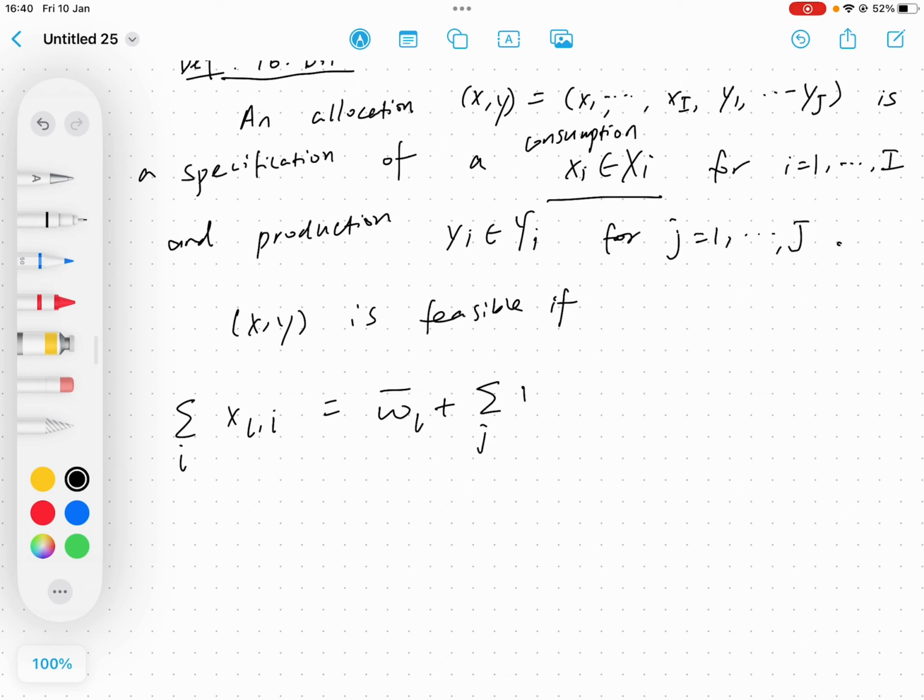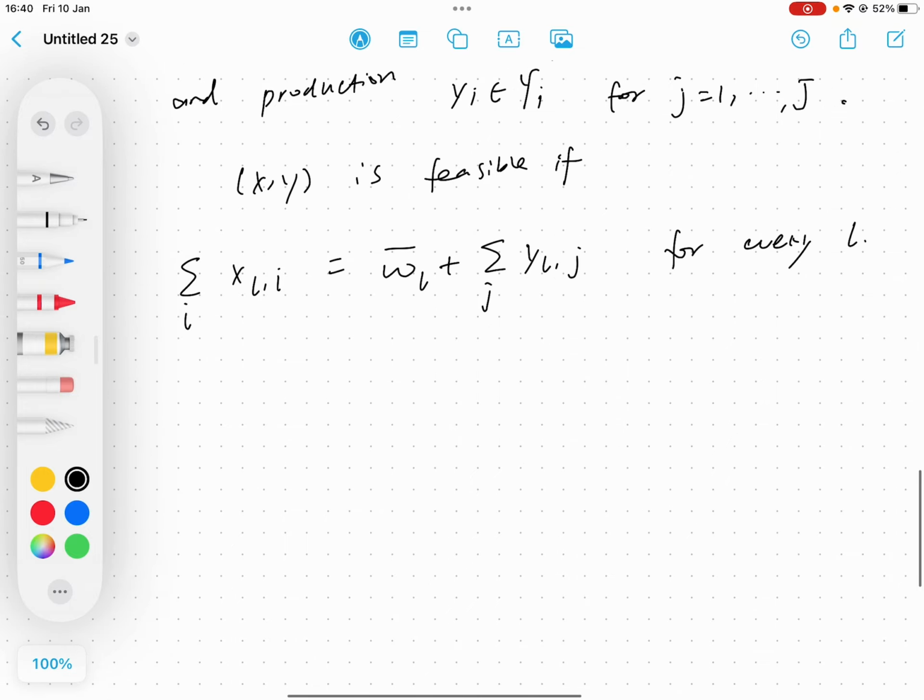Okay, so that's it, and for every good L. Alternatively, that would be the summation over i of x_i.